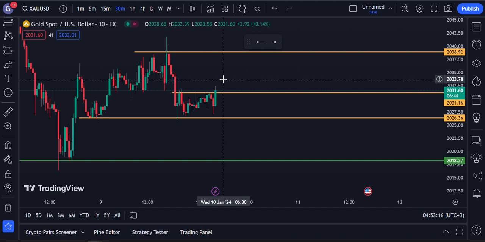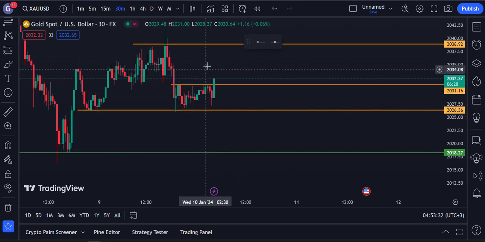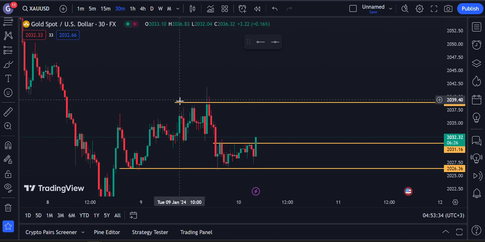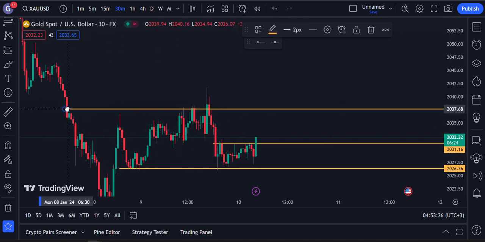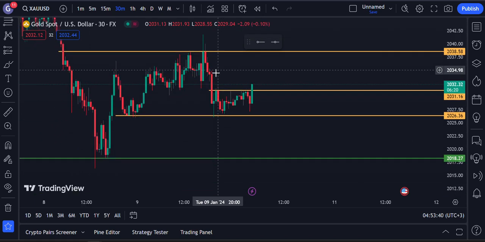This is during pre-London, London Open, pre-New York, New York Open, and NYSE. So it's not an ideal time to look at this with the perspective of taking a trade right now.